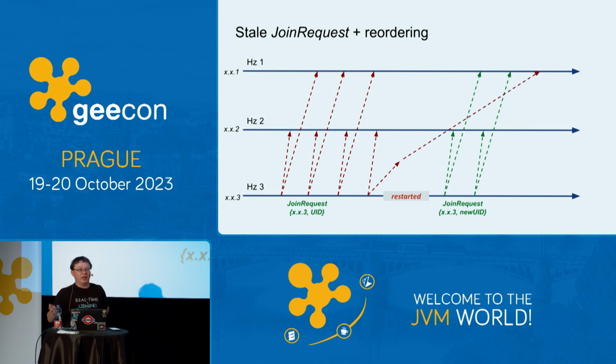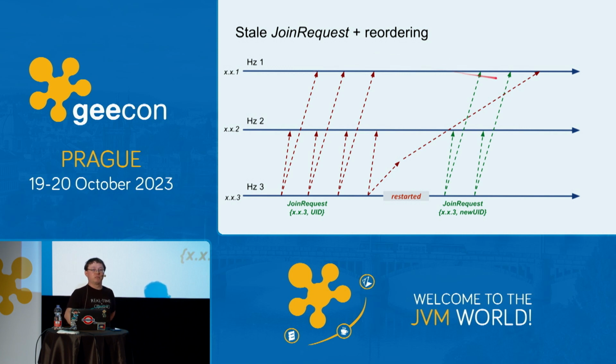In some situations, depending on different factors, the old join request could get stuck somewhere in the network buffers, I don't know where, and could reach this Hazelcast member 1 after the new restarted member has already successfully joined the cluster. And what will happen?